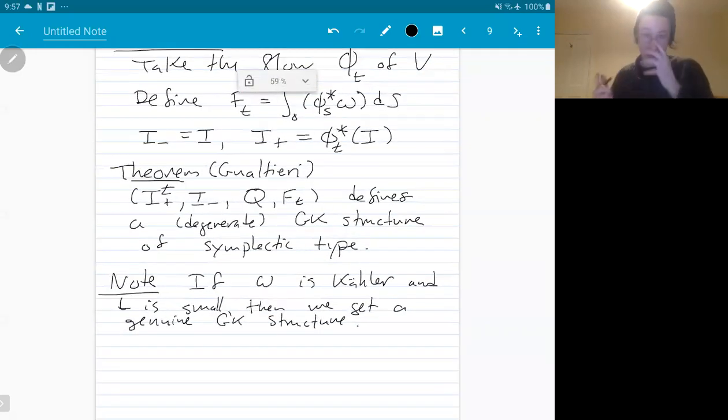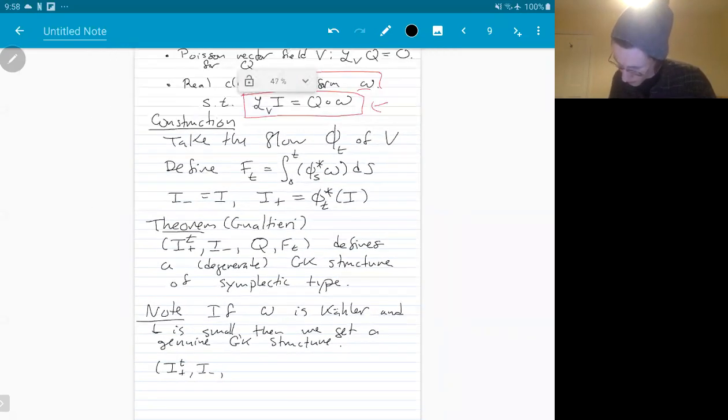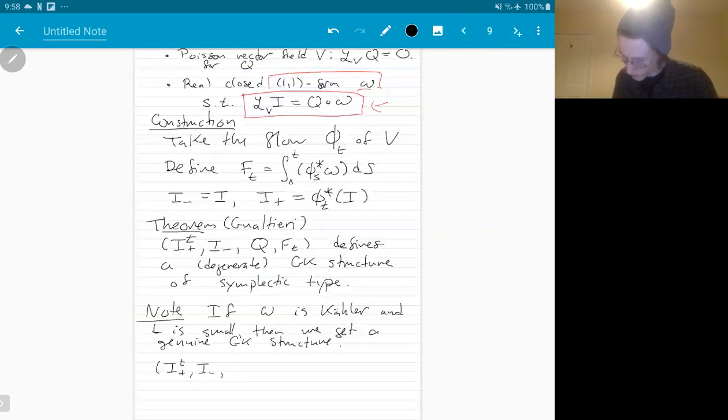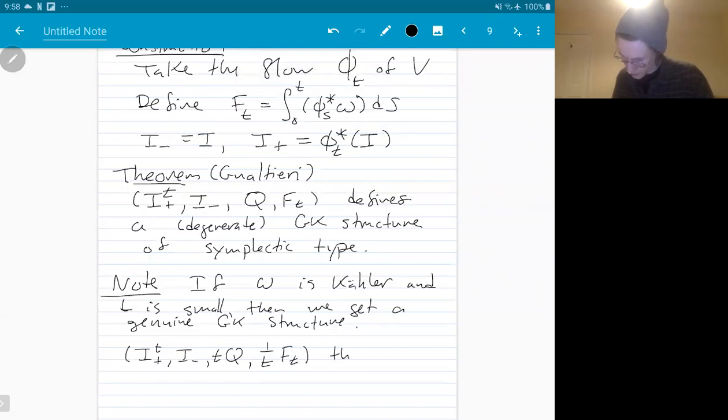And another way of rewriting this, so we can again take the same I plus and I minus, but remember the equation that I plus, I minus, Q and F needs to satisfy involves the product of Q and F. So what we can do is multiply Q by t and divide F by t. So this also gives a solution.